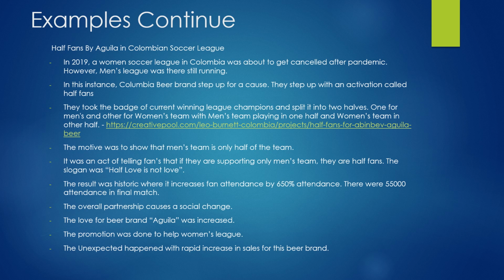Aguila is a beer brand whose motto was to show the fans that a team can only be complete if there are both men's and women's teams. They gave the message to fans that if they support only the men's team, then they are supporting only half. After this message by the beer, they got their sales increased, and their promotion went high up after this event.